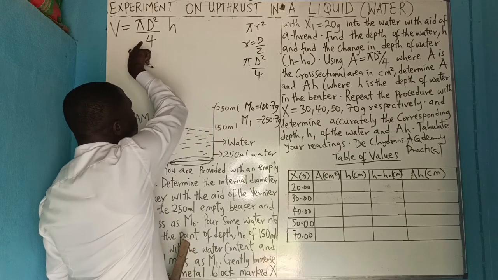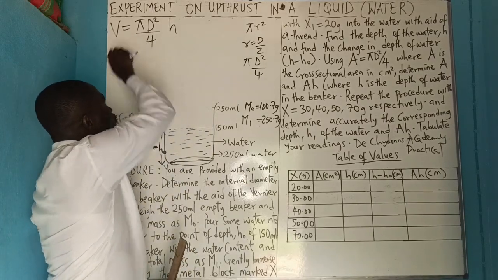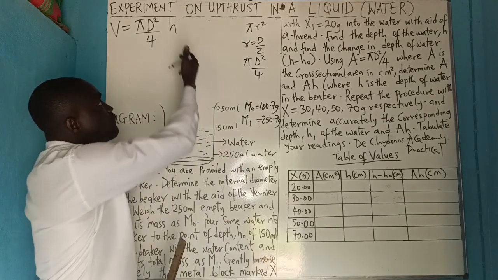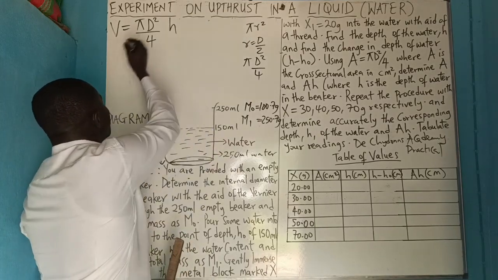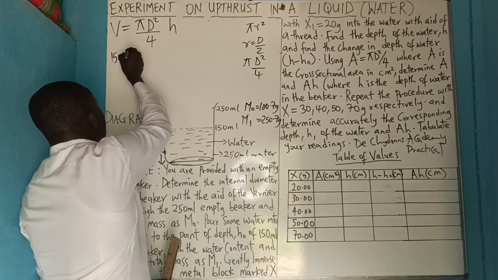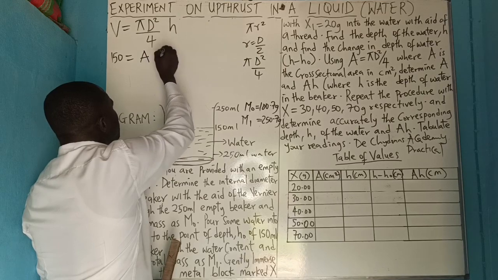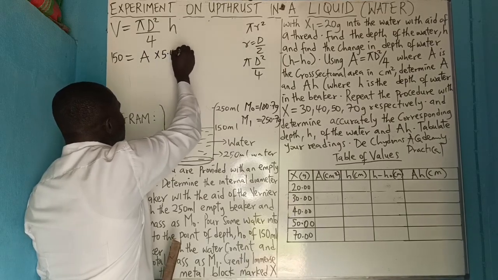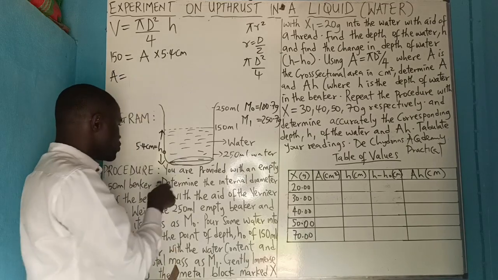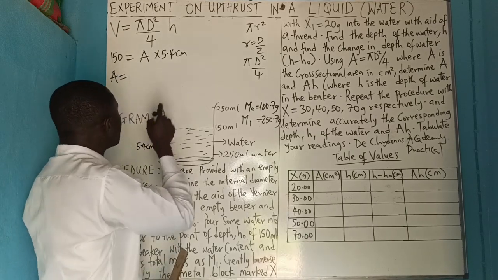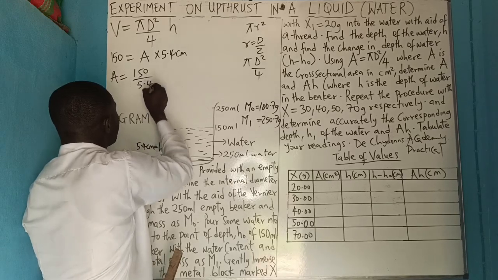That is how we got this area. So base area times height is equivalent to volume. So once we have gotten the height of that volume, we can get the area. We now tell them that 150 is equal to the area times 5.4 cm we got. Therefore, the area of this base will be equal to 150 over 5.4.